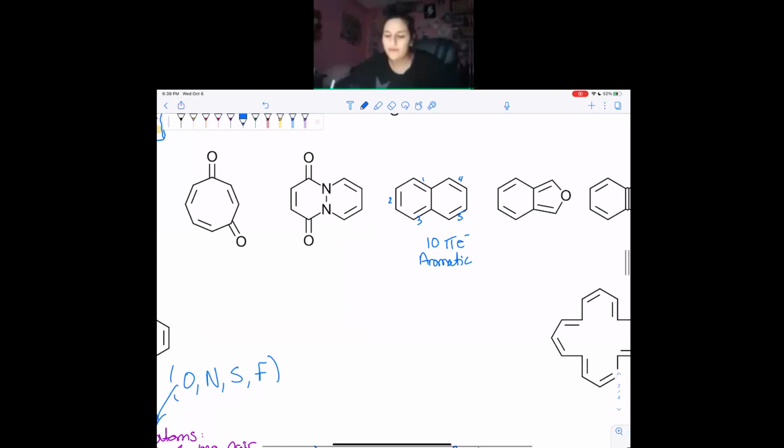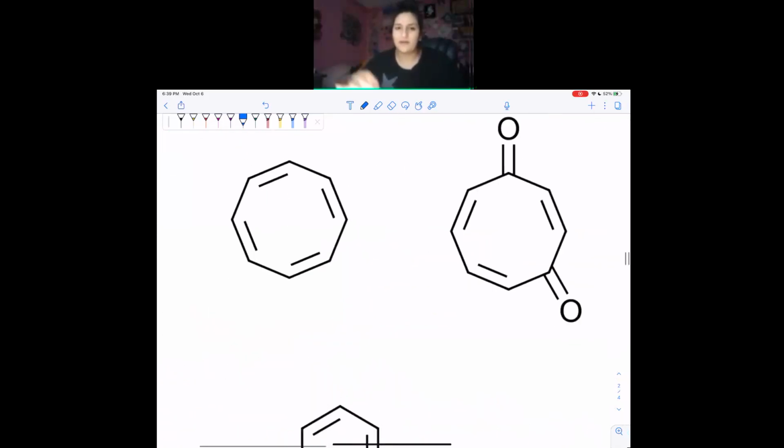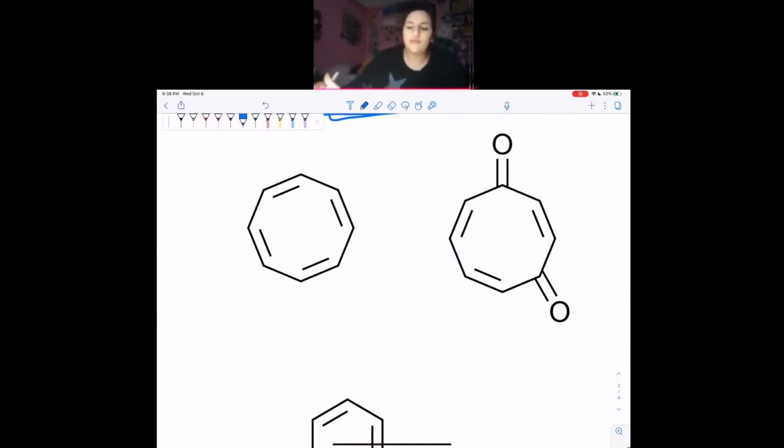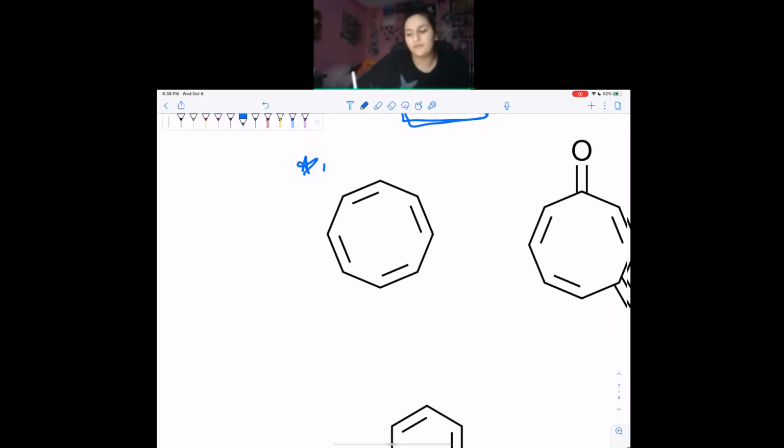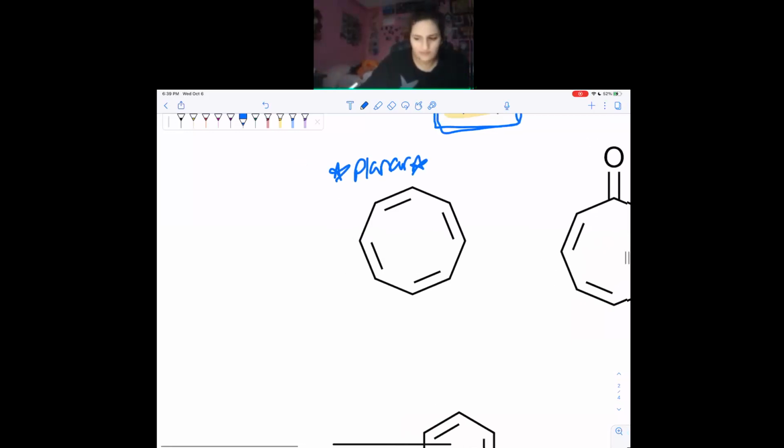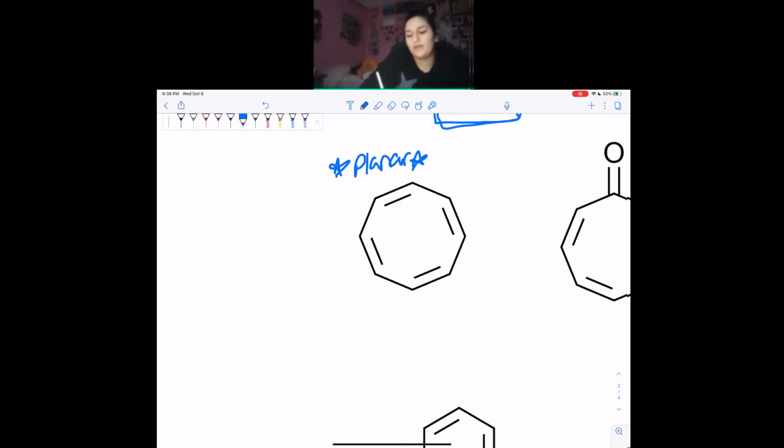And then what if you had something that was like a big ugly ring like this, right? So this is one of those that are 8 members. So this is when we have to start thinking about, is it planar or not? We could do it just like we did for oxygen.